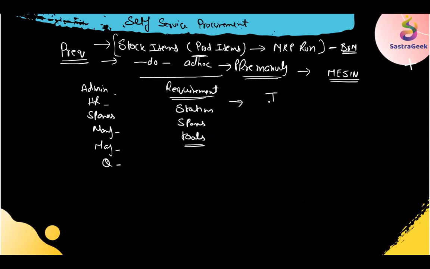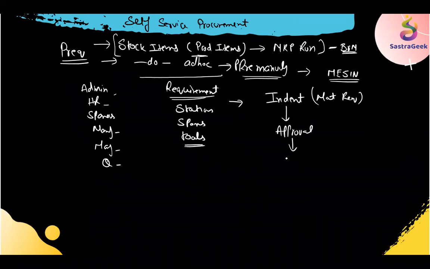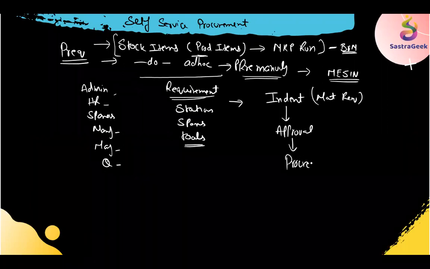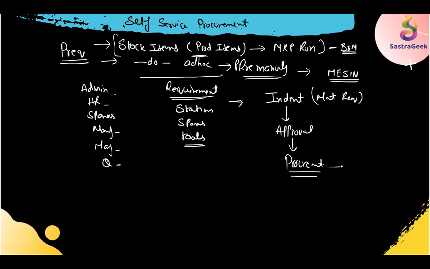In business language, we call it an indent for material requirement. That indent goes for approval, and once approved it goes to the procurement department, which processes it further. This indent in SAP language is nothing but your purchase requisition.